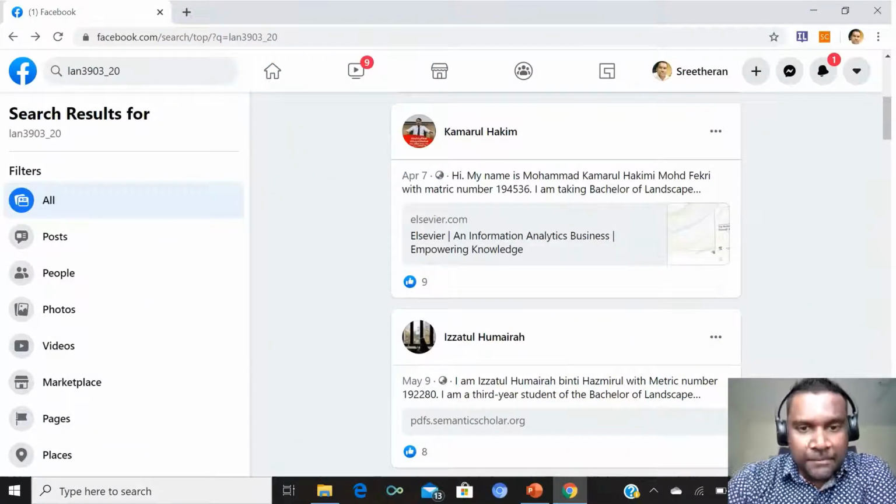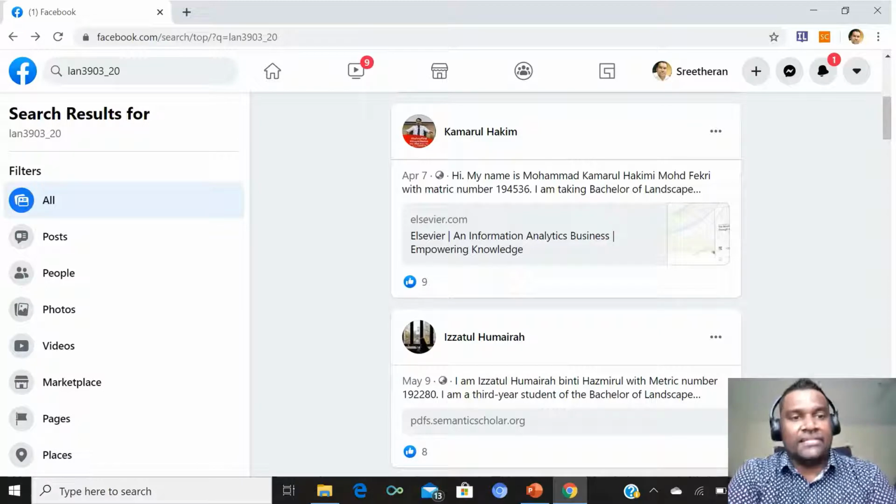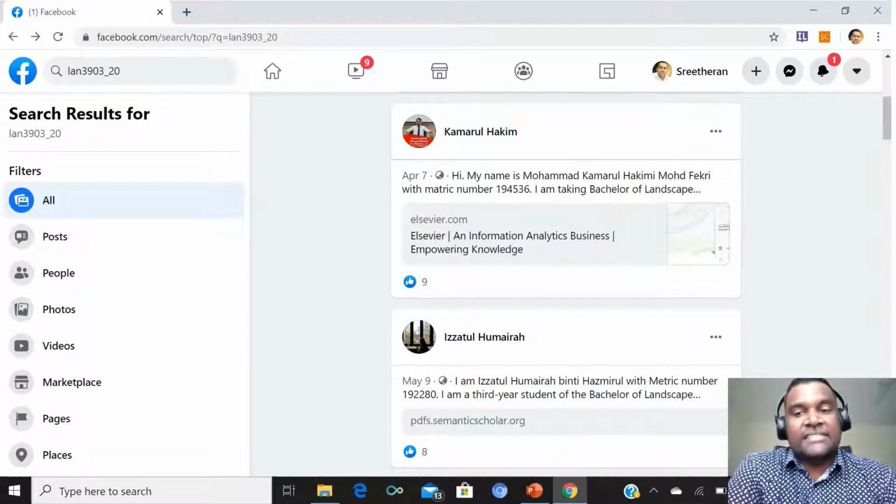For example, here, there are two students who have uploaded papers in Facebook using the hashtag LAN3903 underscore 20. The underscore 20 means this was for this year's cohort.